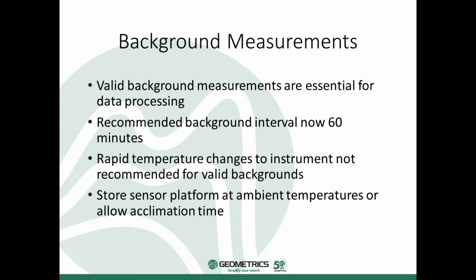So I know a lot of the DAGCAP and accreditation laboratories are used to instruments like a mass balance or thermometer that has a calibrated reference point, but the whole idea of making the background measurements is that it becomes your new reference point. So we call it background variation and not background drift. So those are the two major background updates. So every 60 minutes, and then also allowing the instrument to match the outdoor temperature.